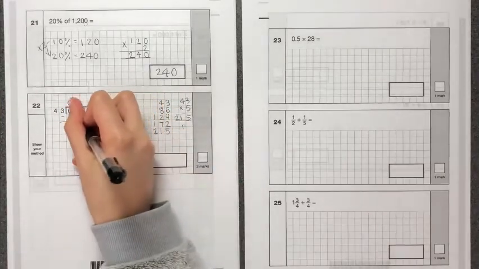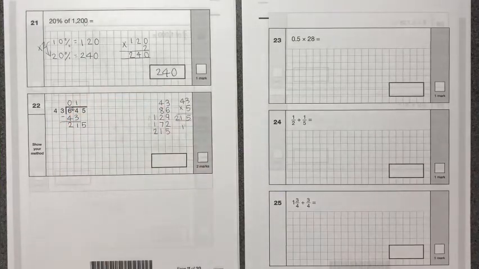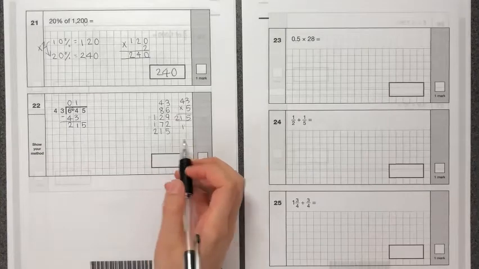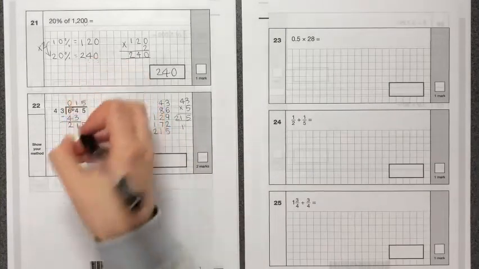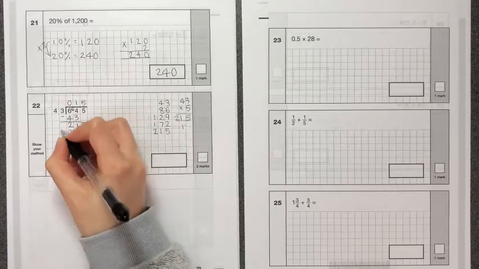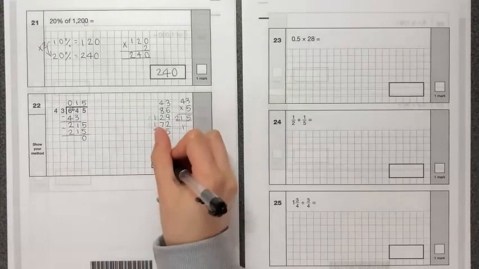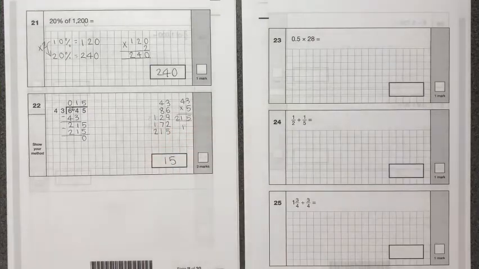Bring down the 5. 215. Now we can see that 5 times 43 gives us 215. And if we take that away, we get 0. 15 is our answer.